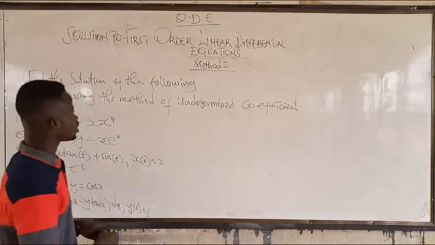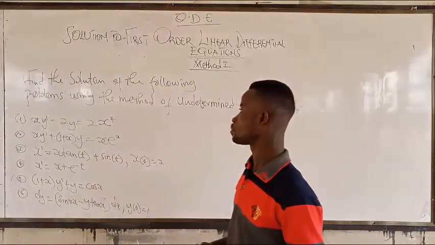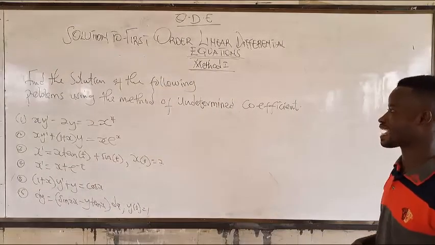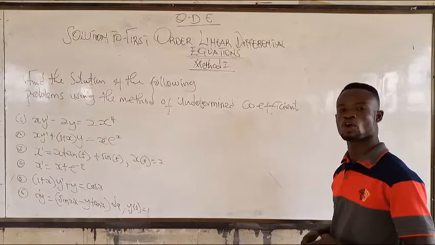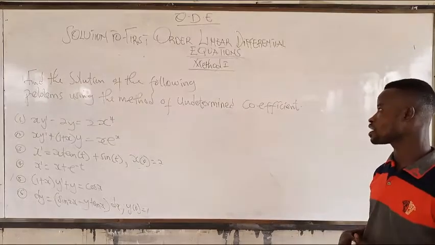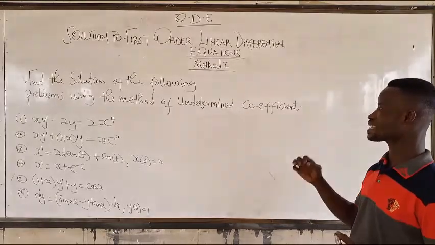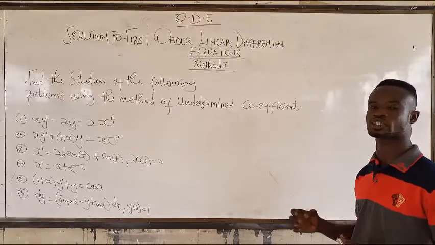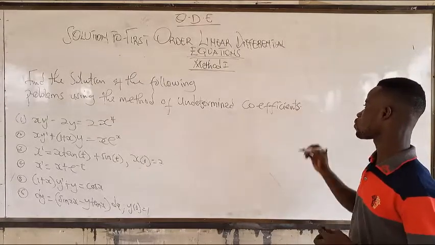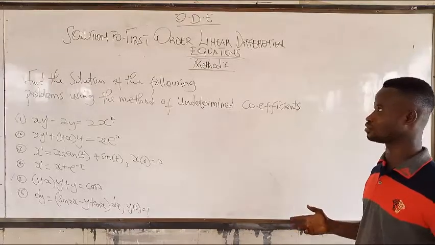Find the solution of the following problems using the method of undetermined coefficient. For your information, it's the method of undetermined coefficients that is what we have just found out.